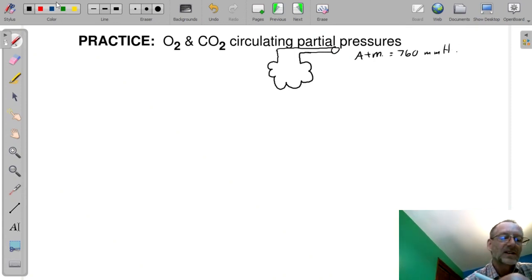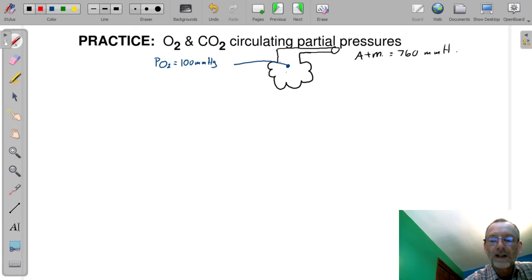And in the lungs, the partial pressure of oxygen is, what did we say? Let's do this differently. Let's draw little leader lines. So the partial pressure of oxygen in the alveoli was 100 millimeters of mercury.